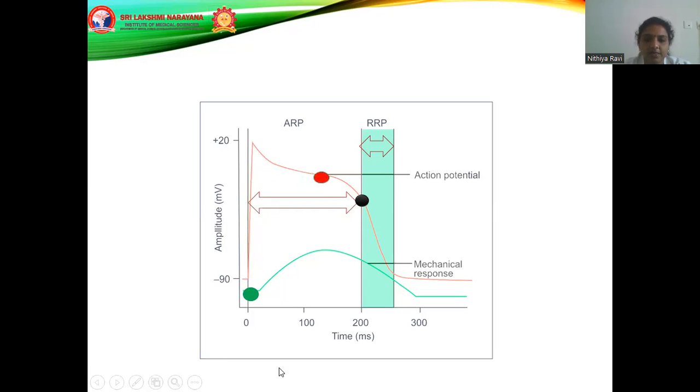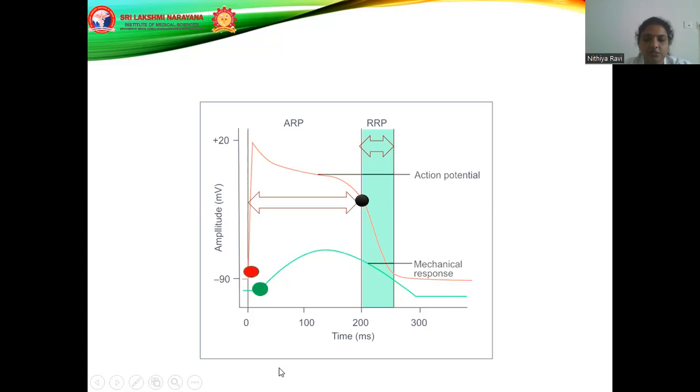So this red line denotes the electrical activity. There is a depolarization followed by a plateau phase.